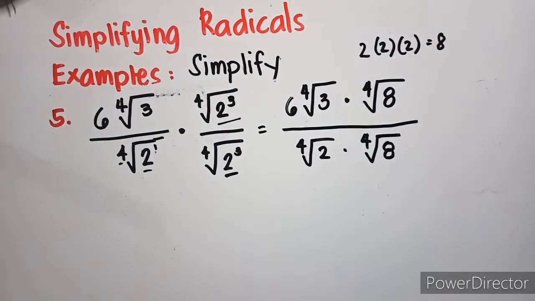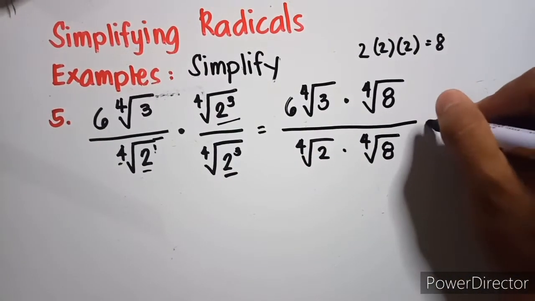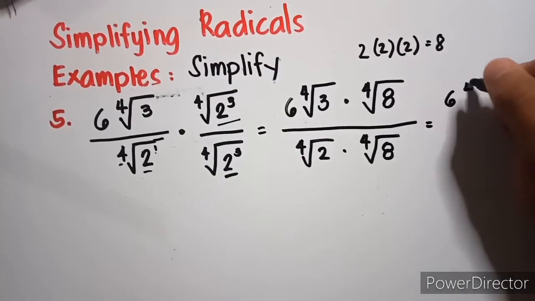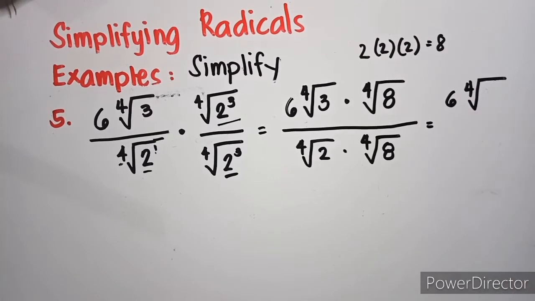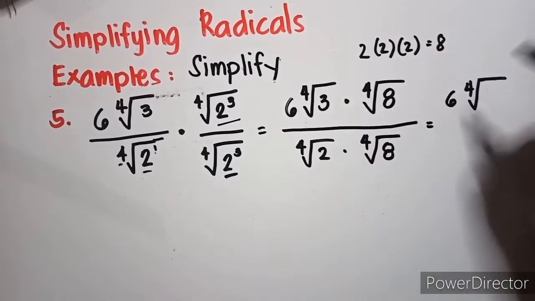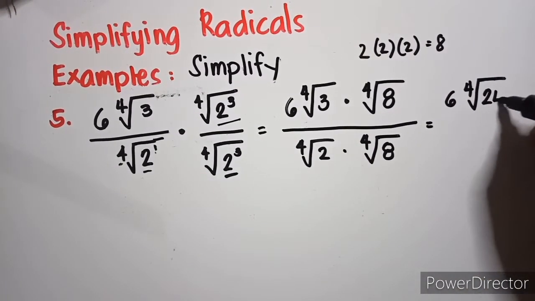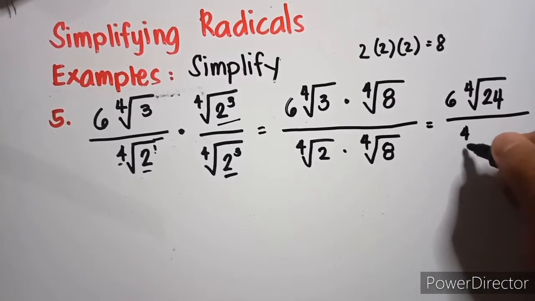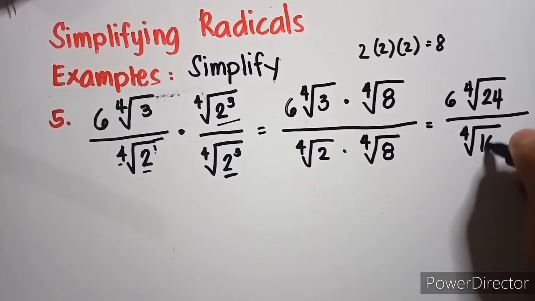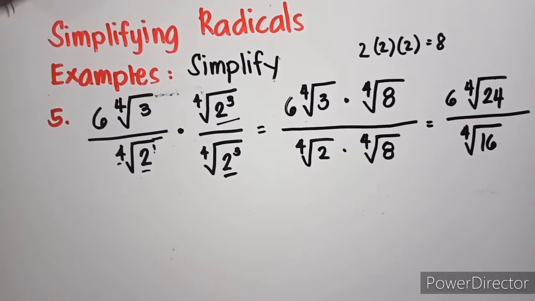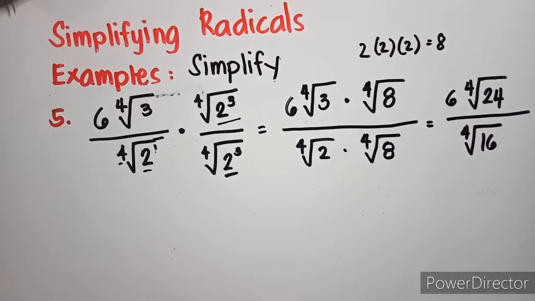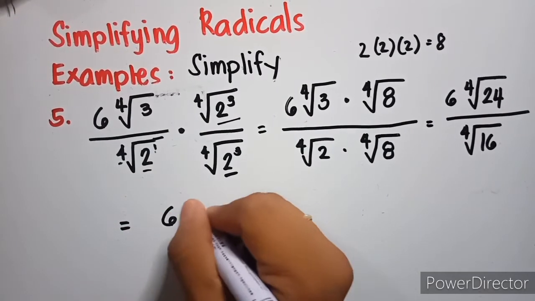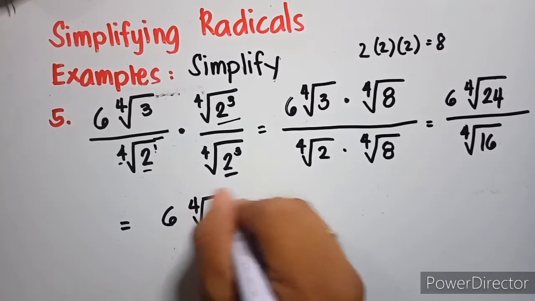Kasi pareho lang siya. So then, this is equal to 6 fourth root of 3 times 8, that is 24, over fourth root of 16. Fourth root of 16.